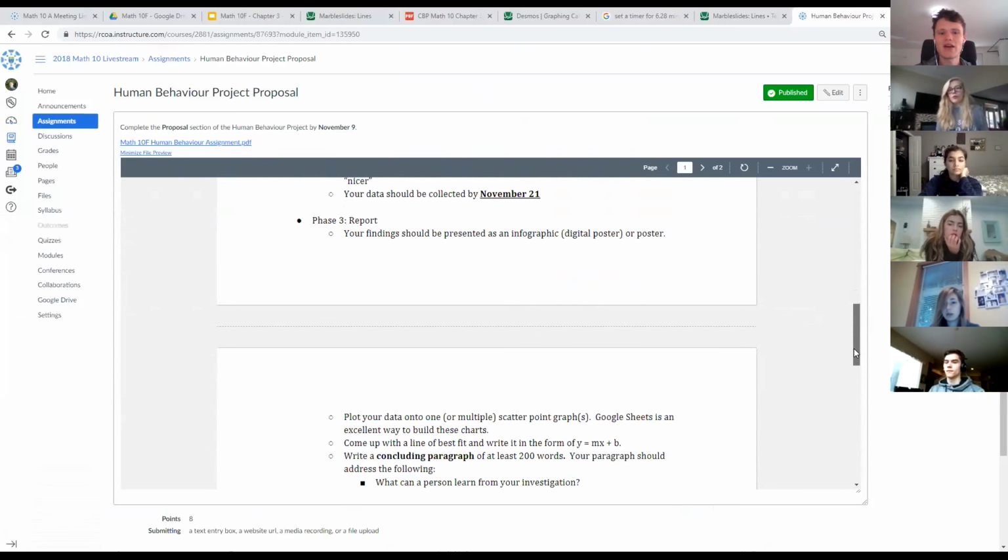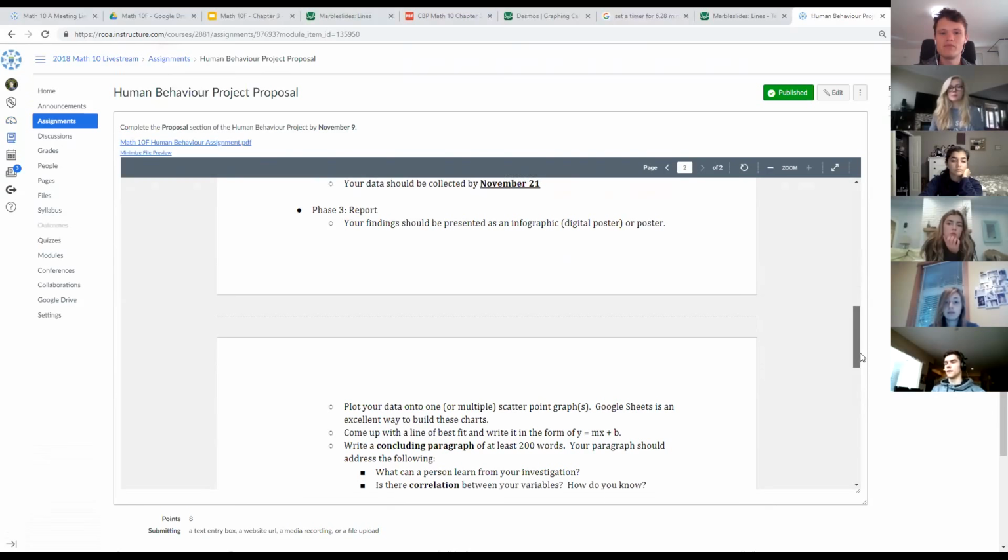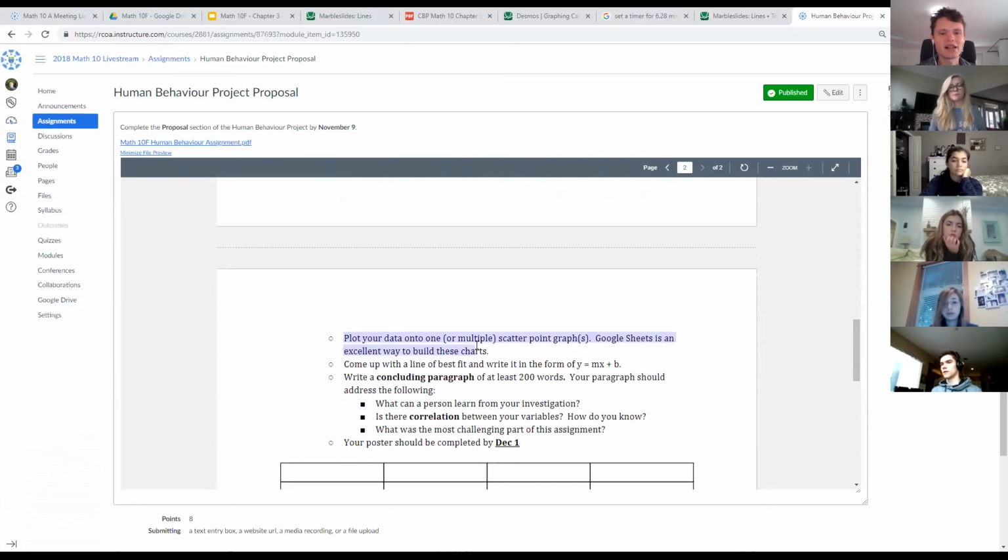Finally, the way that I'm hoping you can present it, your findings should be presented as an infographic, which is like a digital poster, or just a poster. But we'll do this in class. We'll go through this in class. We want to plot our data onto at least one scatter point graph.